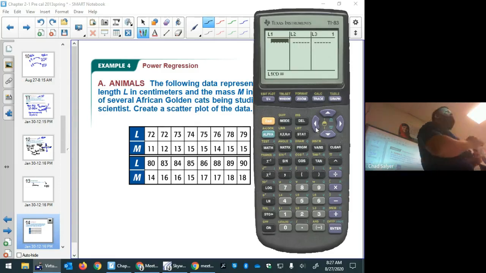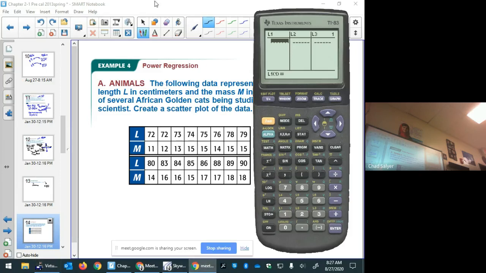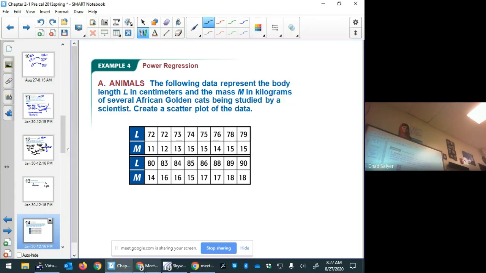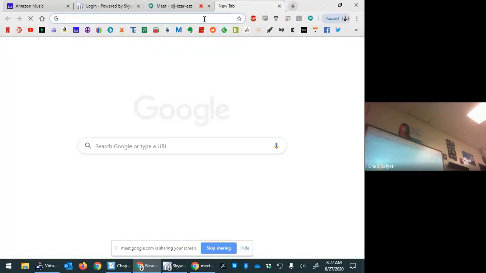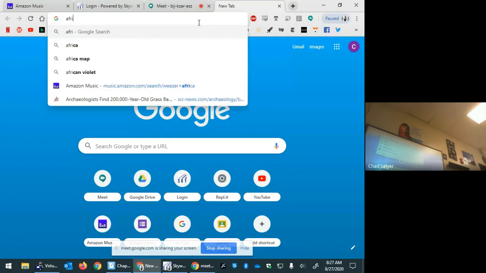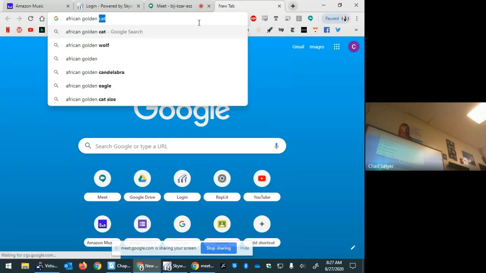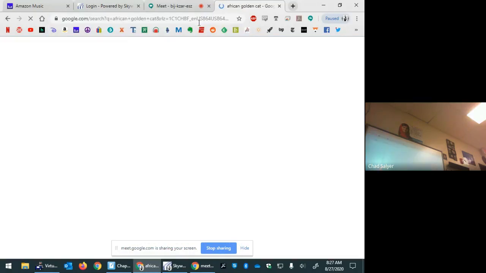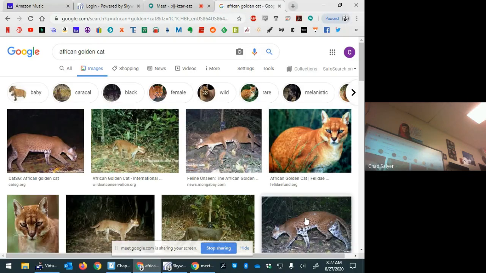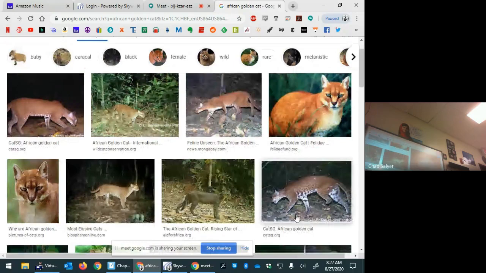I'm going to come over here because I can put the data in much more quickly with the keyboard. We're going to put in the lengths of the African golden cat. If you wonder what that creature looks like, it's pretty cool. I'll show you. Like a really big, ferocious house cat.